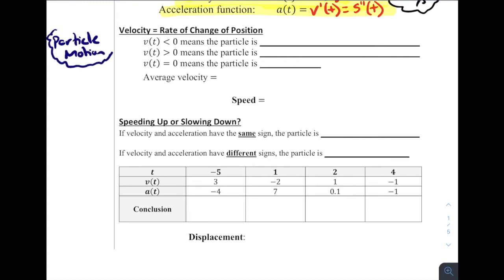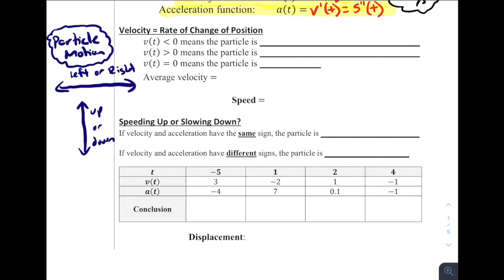In the context of AP calculus, that generally means we're talking about an object like a car or even just a particle that's moving along an axis in a straight line. So your particle might be moving left or right, or generally it might be moving up or down.